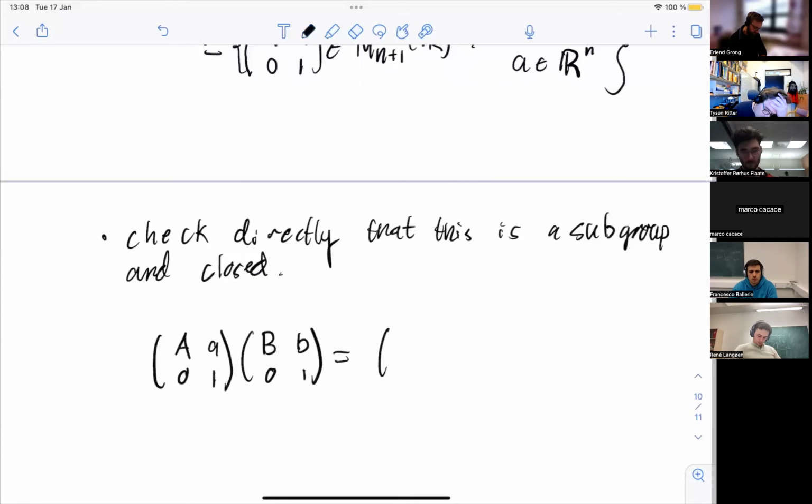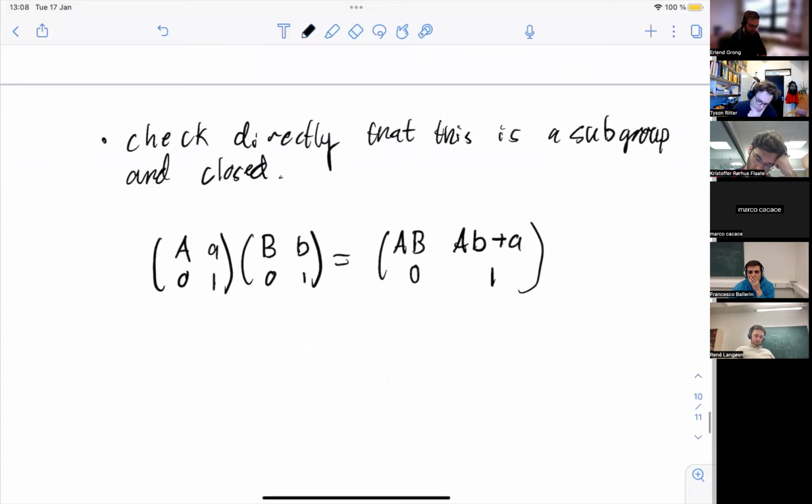Then what you get is AB, 0, and then A times the small vector of B plus A1. So here we see that this is a subgroup. The end product is the same as the other one.